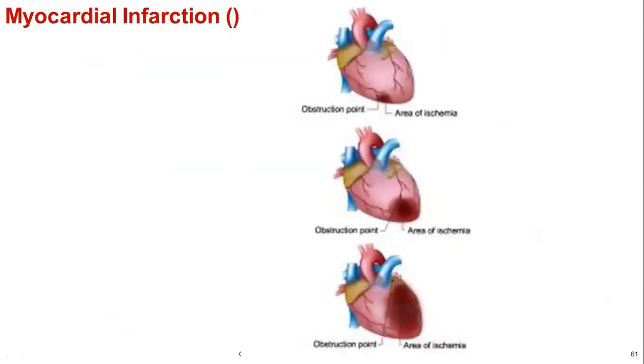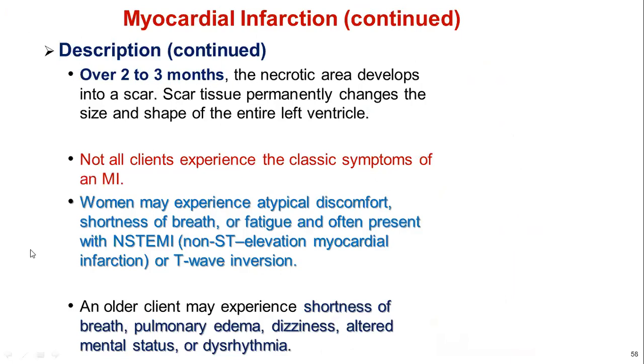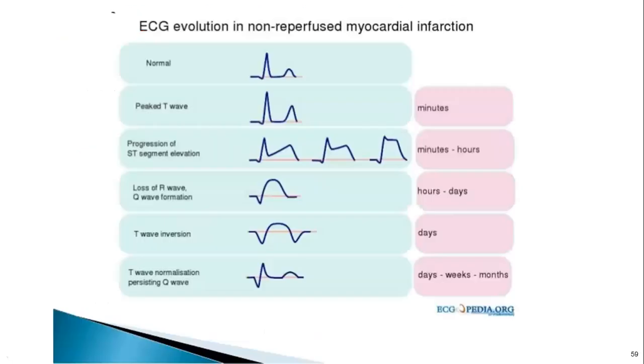After that, what do we say? Women may experience atypical discomfort, shortness of breath, or fatigue, or often present with non-ST segment elevated MI or T-wave inversion in EKG change. In the first picture showing the normal EKG, right?